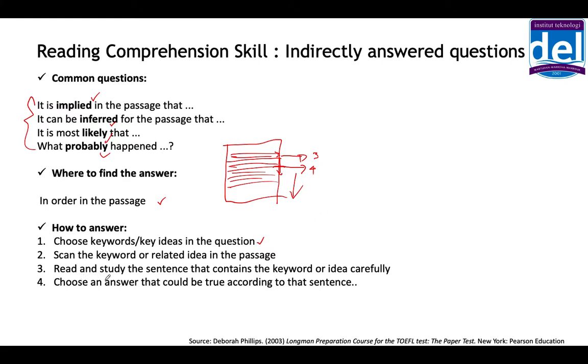The next step is to read and study the sentence that contains the keyword or idea carefully. If we already find the keyword or key ideas in a sentence, then we can focus on that sentence. And the last step, we choose an answer that could be true according to that sentence. So we will make some inferences based on the sentence containing the keywords or key ideas.